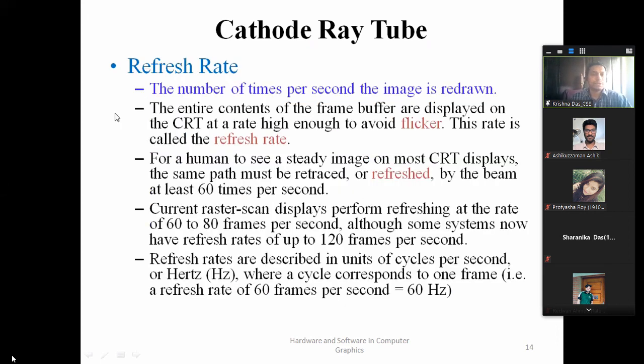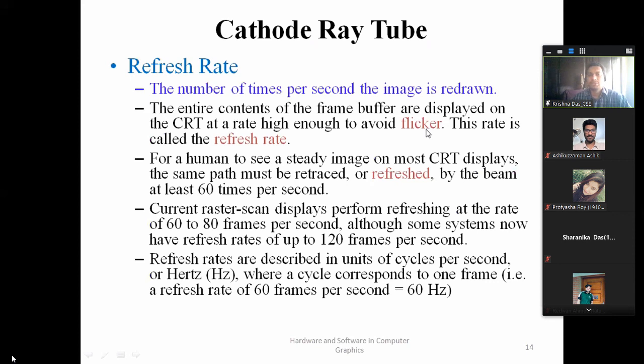Refresh rate, we discussed in one situation about redrawing the picture. Every second, the number of times you redraw the image is called the refresh rate. The entire content in your frame buffer is taken by the processor and given as a signal with the electron beam to paint on the screen, at such a rate that you cannot see the flicker.